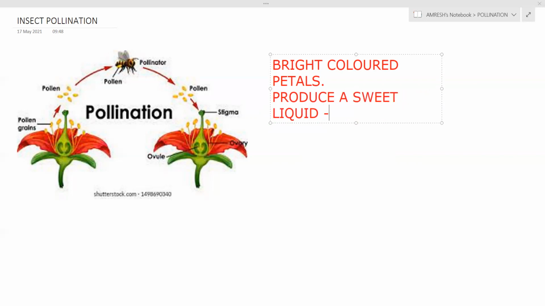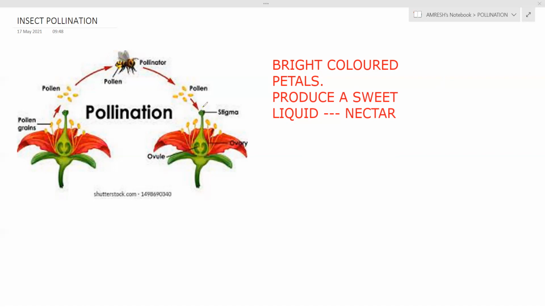called nectar. The insect comes to the flower to feed on this nectar. While taking nectar, some pollen grains stick to its body, and it moves to another plant for taking nectar.